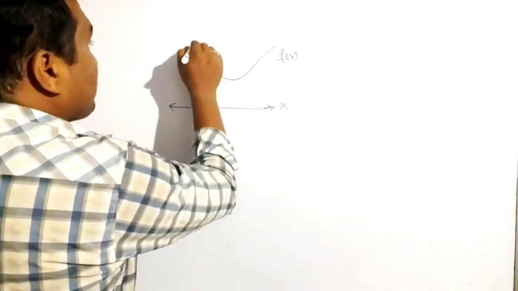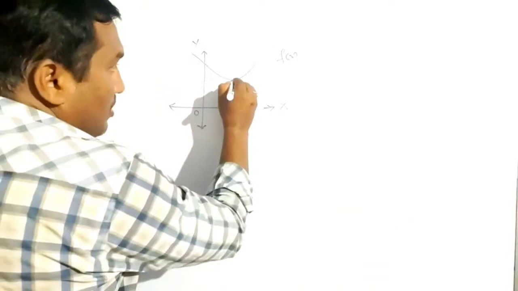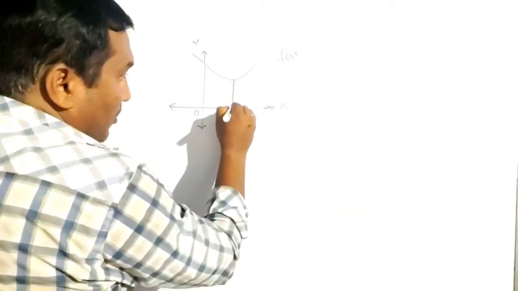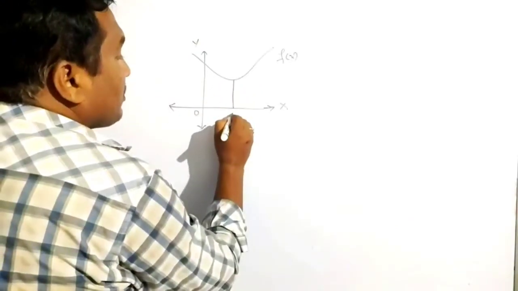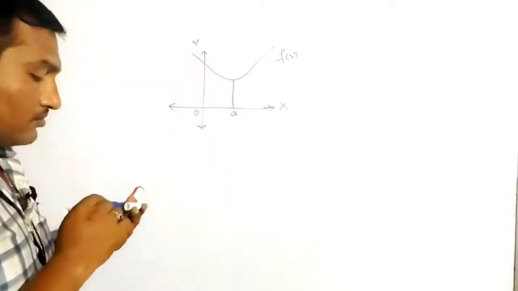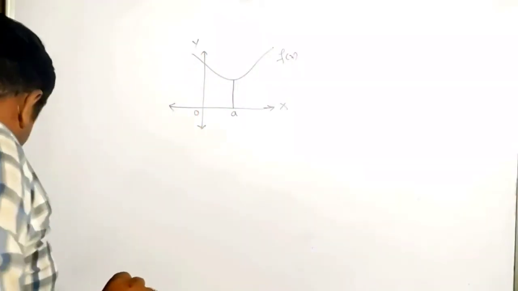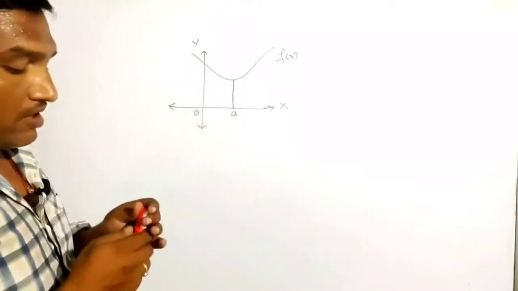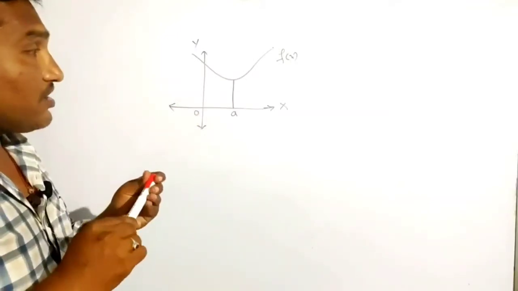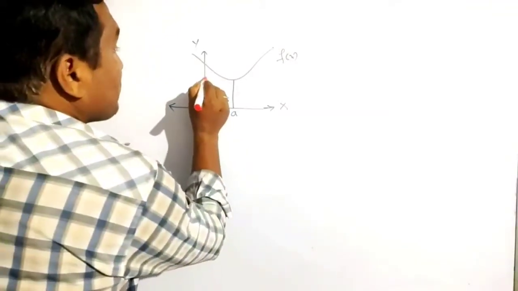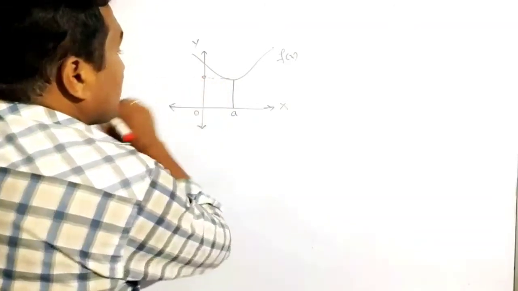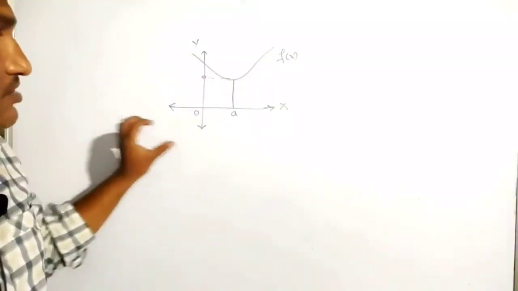This is the y-axis. So I will take the value of f of x at the point a. So here the value of f of x at a is like this. This is the value of f of x at x is equal to a.